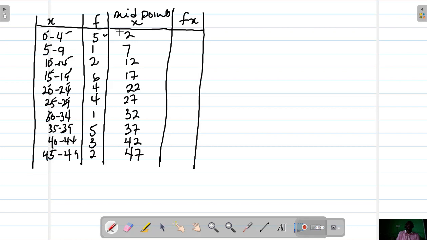So frequency times this will give us 10. 1 times 7 is 7. 2 times 12 is 24. 6 times 17 will also give us 102.